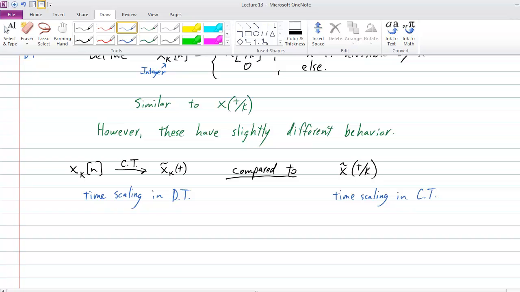So let's calculate the Fourier series coefficient. What is the period of this thing? Let's call it T, so I can write it over there. So x of t has period T.